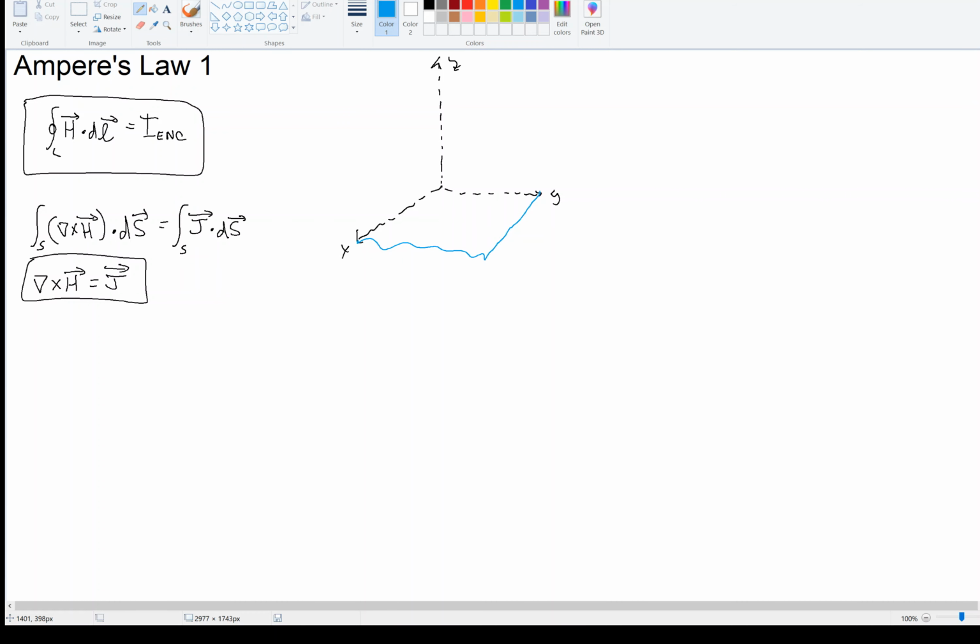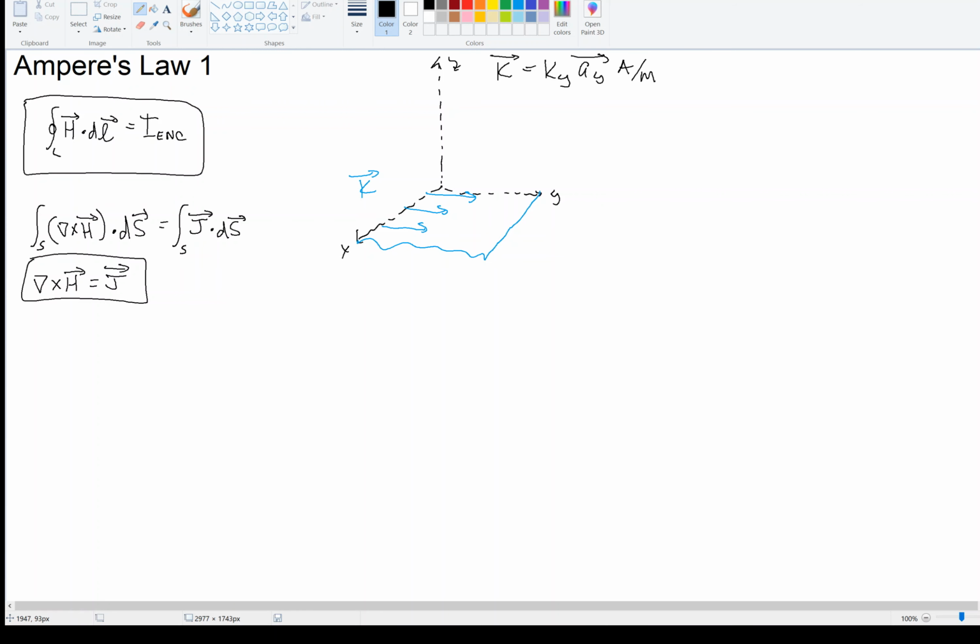So that's what I'm going to pick, and I'm going to orient it such that the current is going in the positive y direction. So let's say here's K, and let's say the current is uniformly distributed. So K is equal to just a constant Ky in the y direction, right?